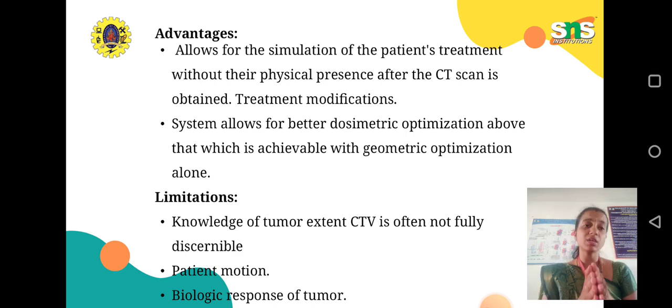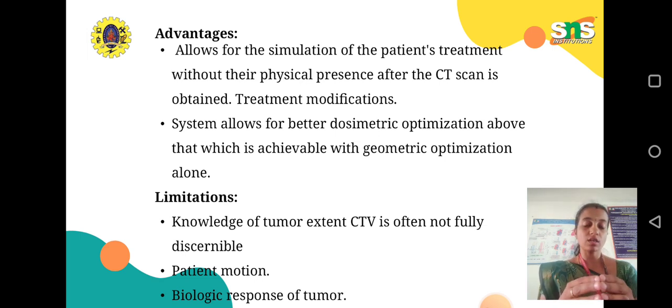After the CT scan image is obtained, by seeing the CT scan, we can clarify what kind of treatment is to be provided. For that, 3D CRT therapy is used.